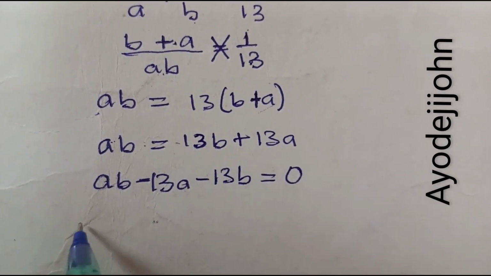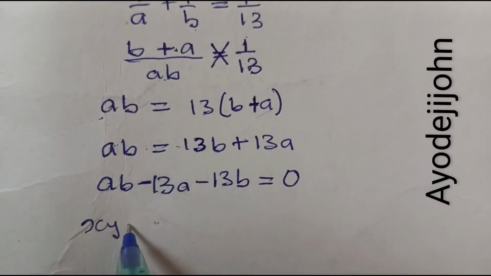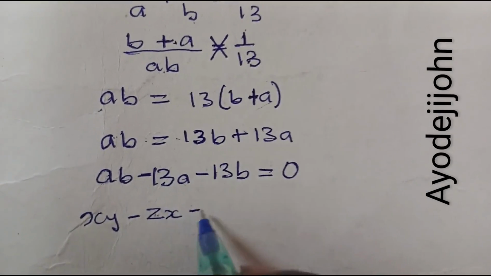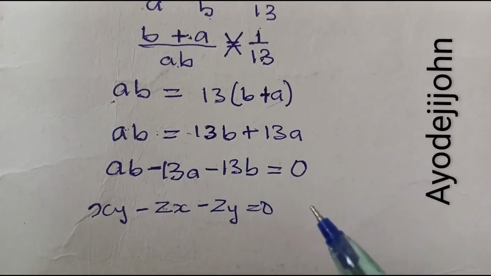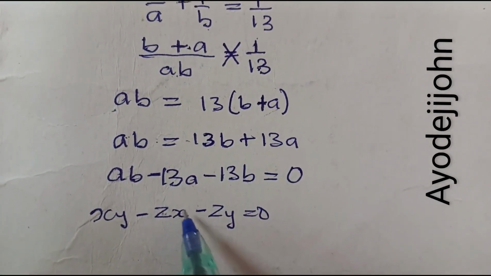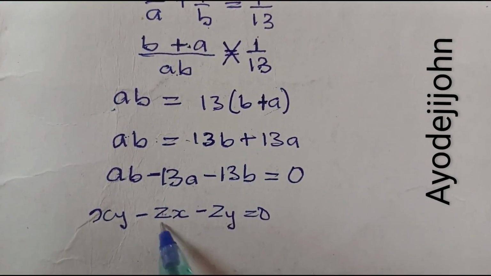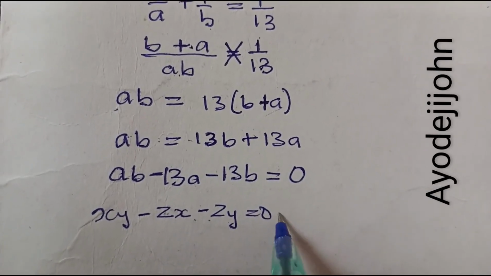The method, for example, says we have xy minus zx minus zy equals 0, which is incomplete. So what we do is the coefficient of x and the coefficient of y, we multiply them together, then we add it to both sides.